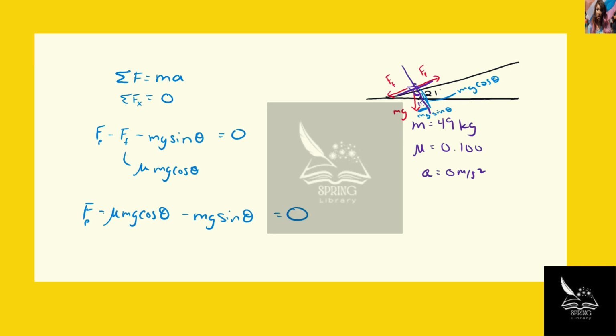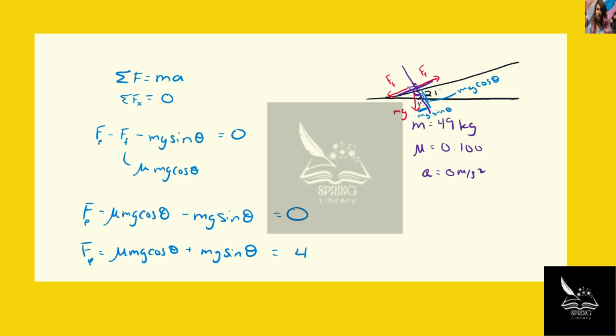So what we want to do is solve for Fp by just moving the other two forces to the other side. So Fp equals mu mg cosine of theta plus mg sine of theta. And so now we can just plug in all of the values, and we'll have the value of the pushing force. So we're just going to pull mg out to the front since it's in both of these terms.